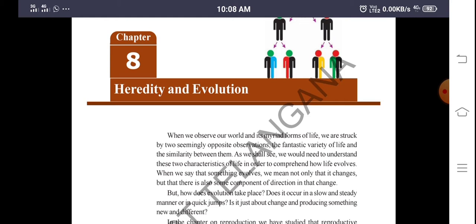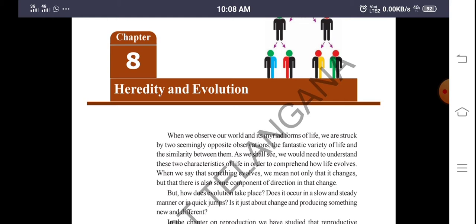Here, in successive years, organisms acquire new characteristics when we compare one generation with another generation. Some new characteristics are acquired by the forthcoming organisms. Gradually the characteristics keep changing, and this changing of characteristics is called evolution.